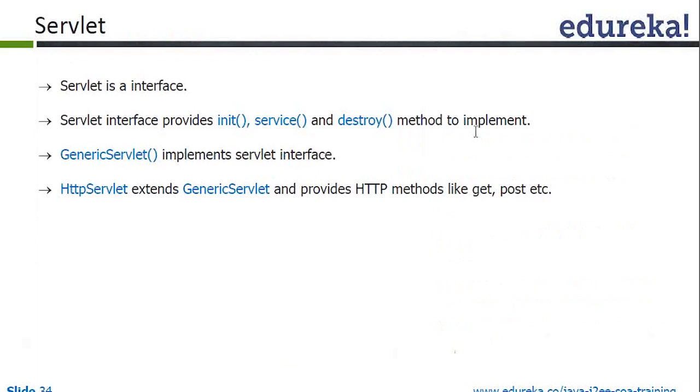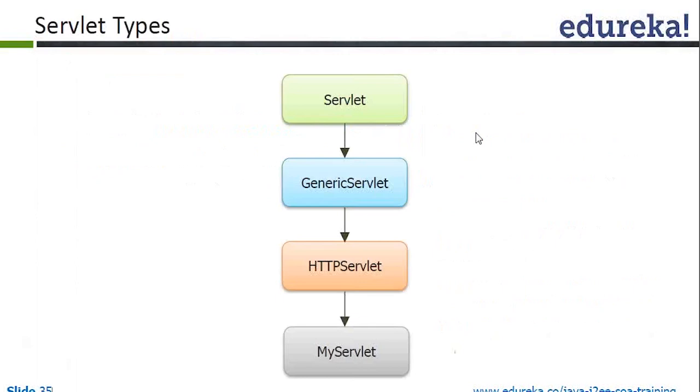So you have two kinds of servlet, right? One is generic servlet, another one is HTTP servlet. See here, this is how it looks, generic servlet and HTTP servlet. The generic servlet will work on any protocol, FTP protocol, HTTP protocol, or anything else.